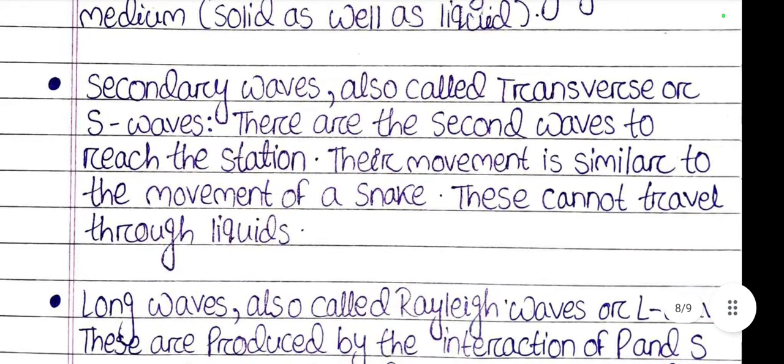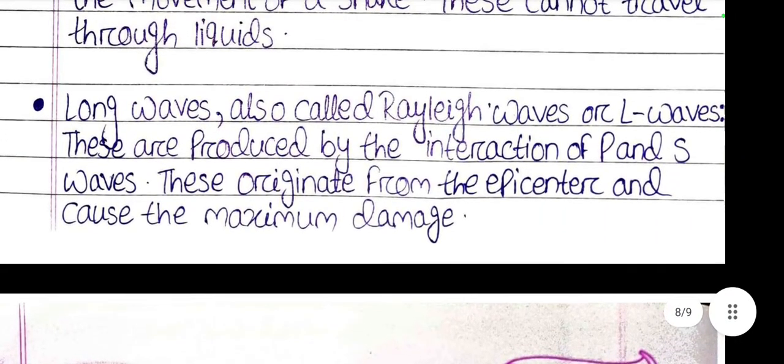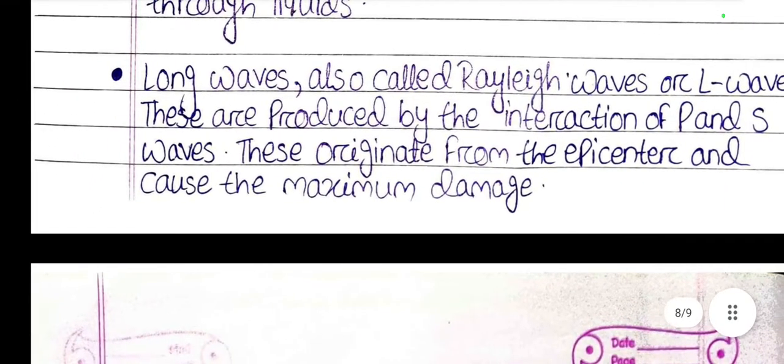Okay. Then secondary waves. Secondary waves are also called transverse or S waves. They are the second waves to reach the station. Their movement is similar to the movement of a snake. These cannot travel through liquids. Okay. The next point is long waves.